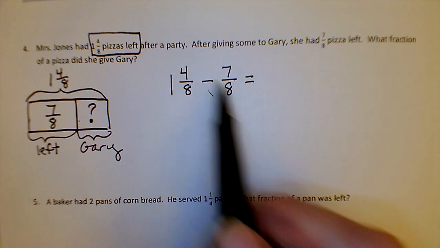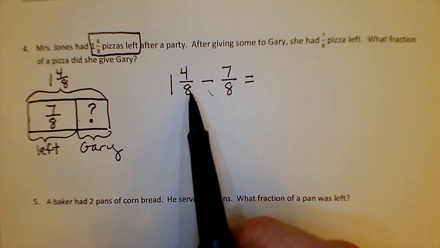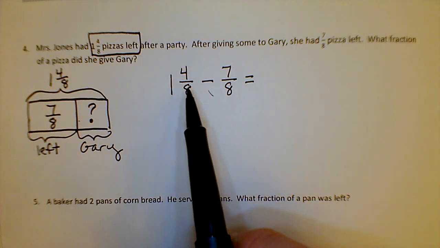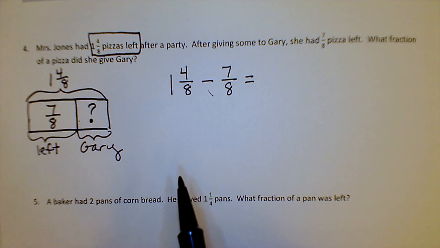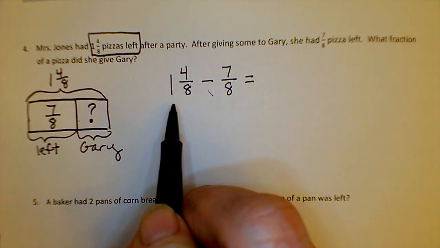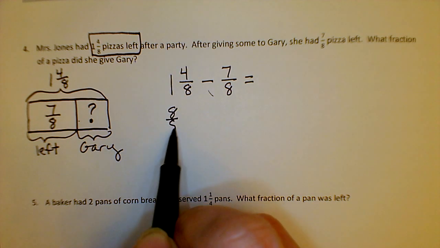So I have 1 and 4/8 minus 7/8, but I can't take that 7/8 away from the 4/8. So what I'm going to have to do is convert or rename this mixed number into a fraction greater than 1. I know that 1 whole, if I want to turn it into eighths, is 8/8.